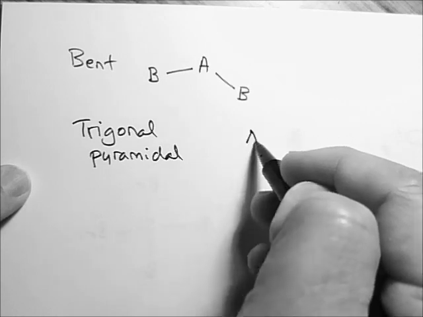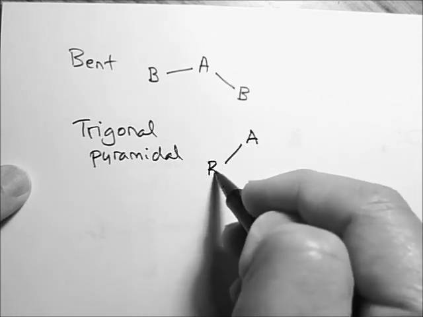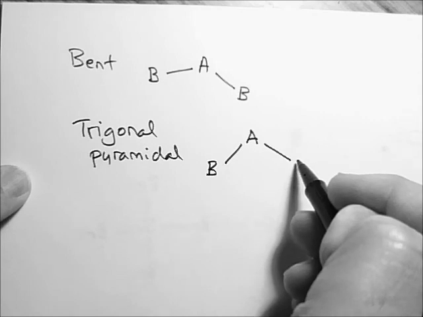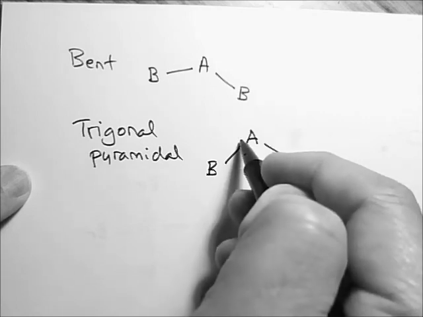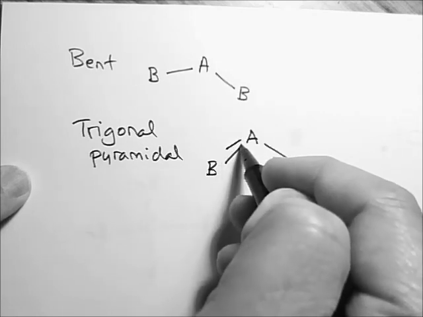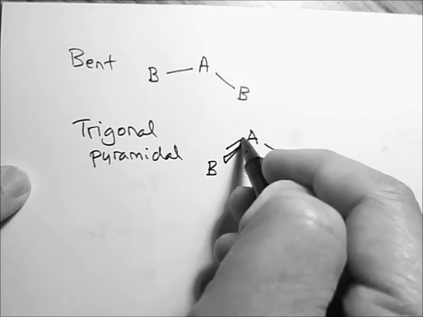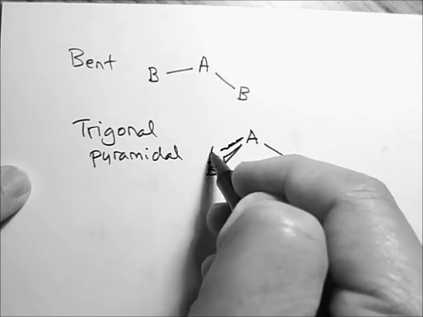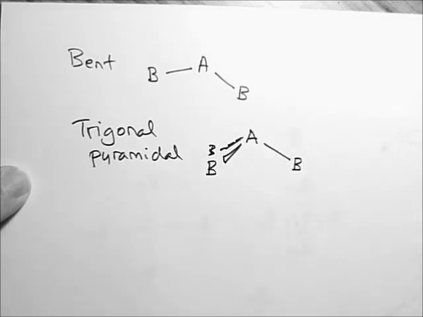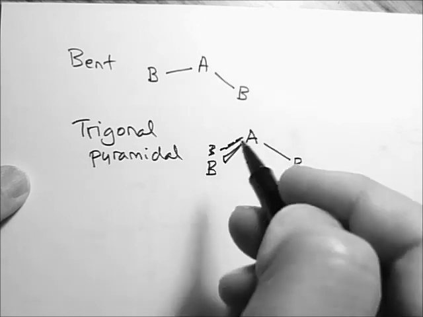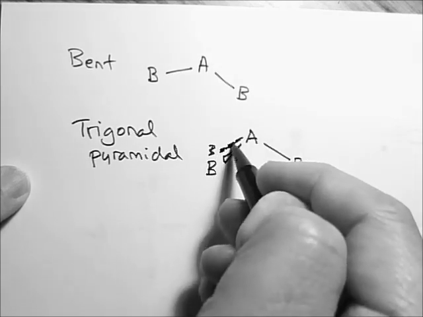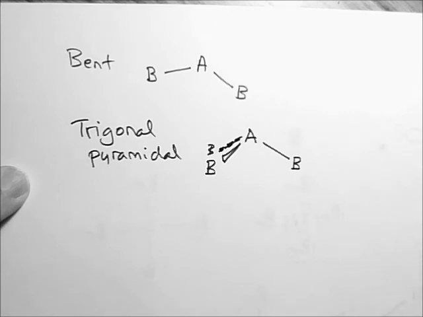So that's an A molecule here, a B molecule here, a B molecule here. So this is coming out towards you, and that's going back behind. I should have made that a dotted line. So that's a trigonal pyramidal molecule. Everybody's got that? Tetrahedrals are not, they're evenly distributed.